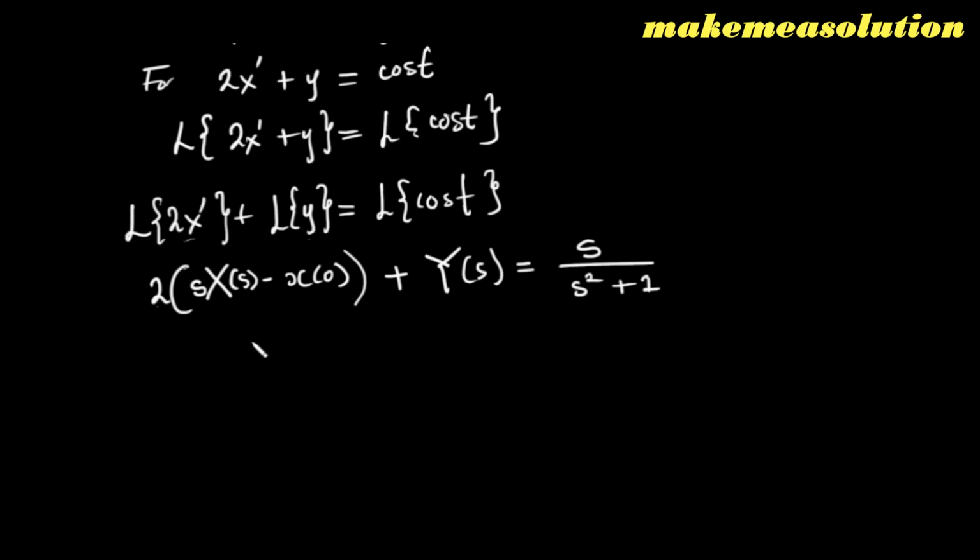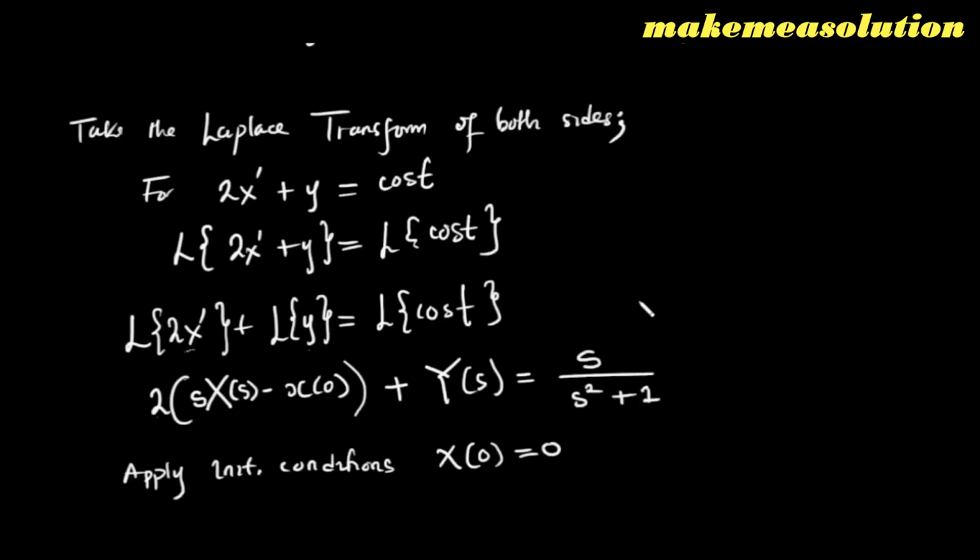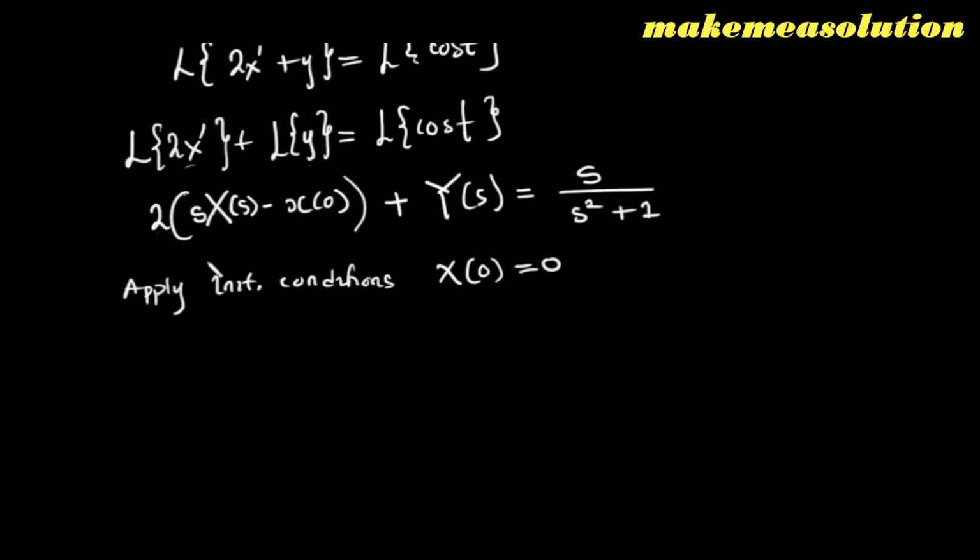So if you solve this and you apply the initial conditions, that's the second step. You have your x of 0 as 0, from the question. So if x of 0 is 0, we can now go ahead and substitute it into this equation. So I'll now have 2s X of s minus 0, then plus Y of s equal to s all over s squared plus 1.